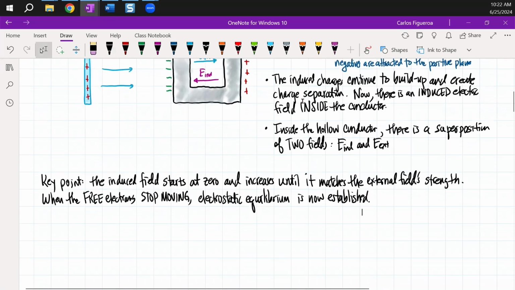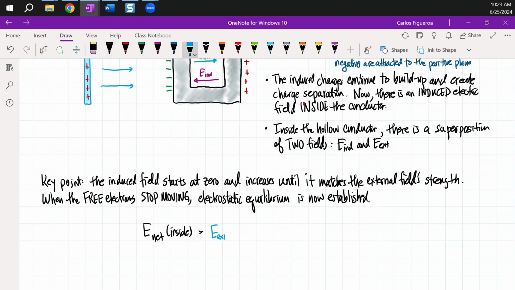And what that means here is we then say that the net field inside is a superposition of the external field minus the induced field, which then equals 0 exactly. Not almost 0, it is exactly 0.